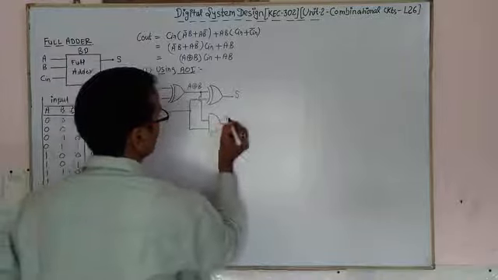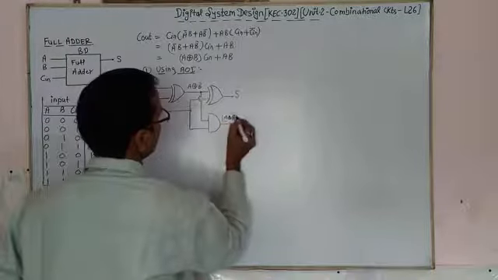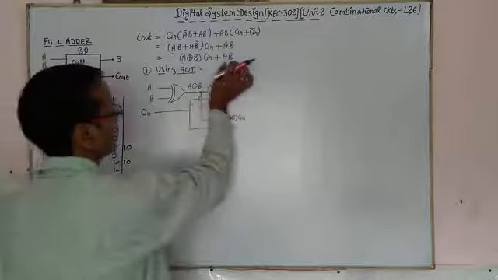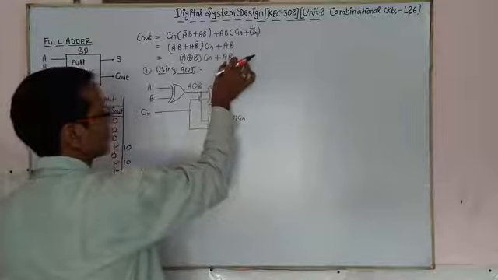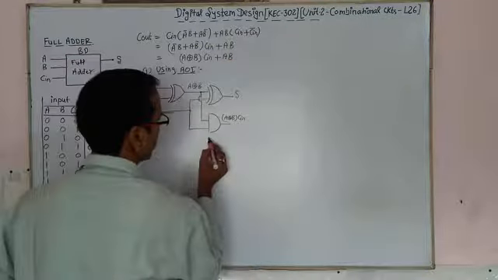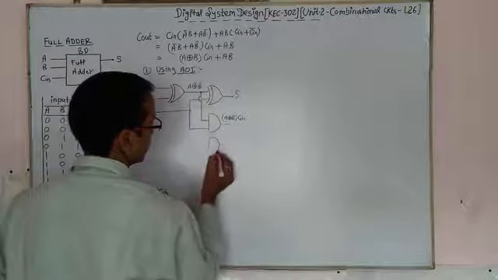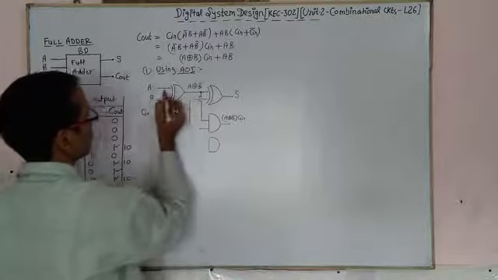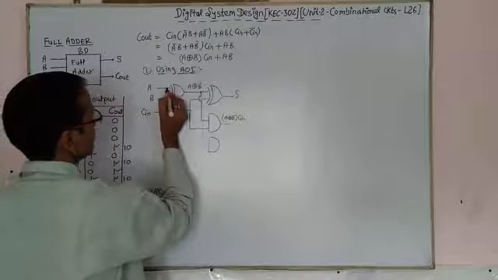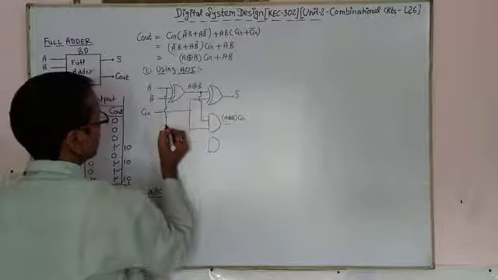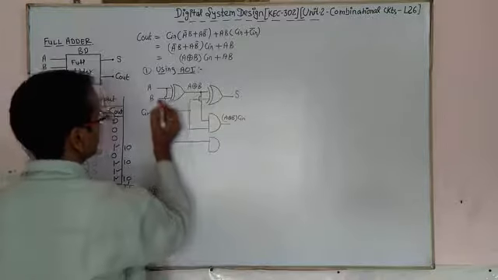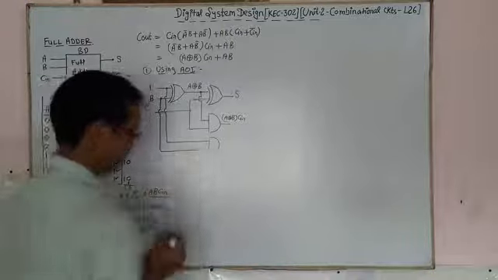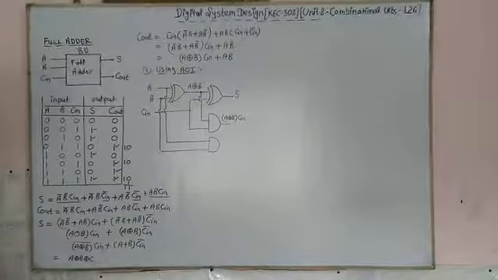Okay, the A XOR B into C in, and now we have to add this multiplication. We have another AND gate, and the input of this AND gate is A and B. Okay, A and B.